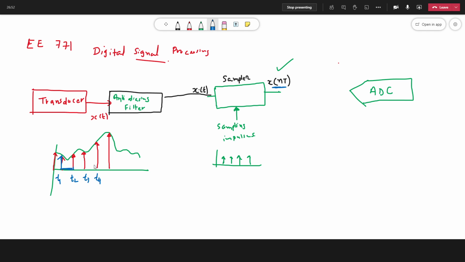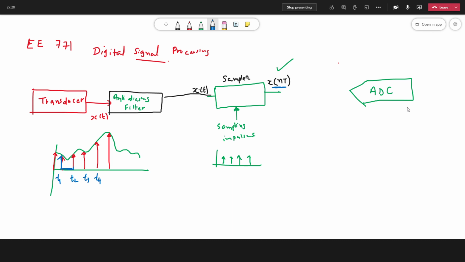So suppose this kind of pulse train is given to the ADC, analog to digital converter. Will it be able to convert it into digital information? Of course not, because it needs some time to convert any given signal into a digital one.